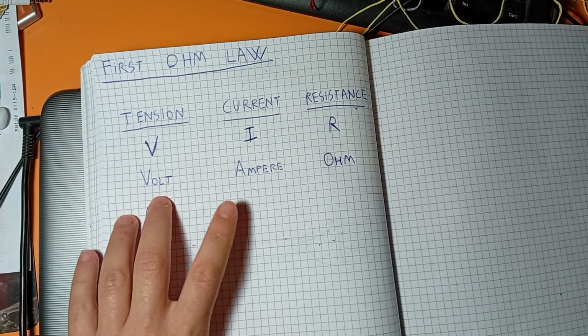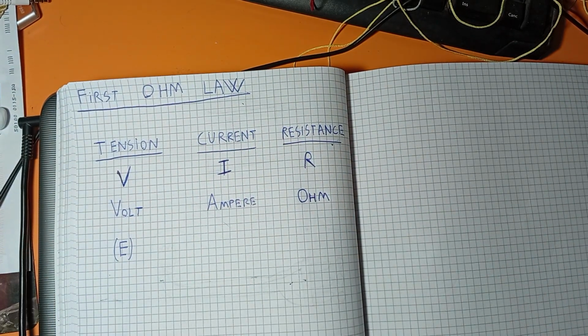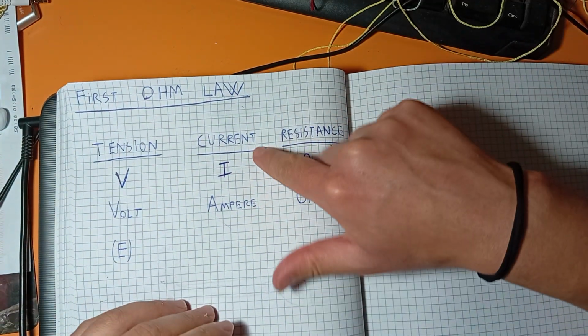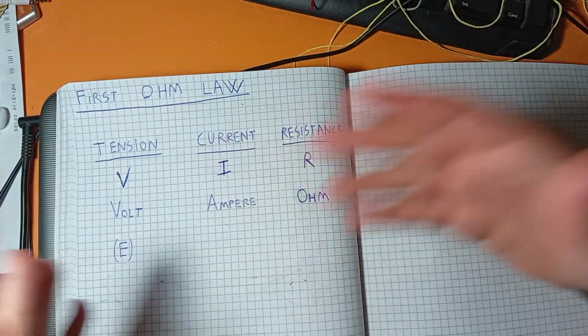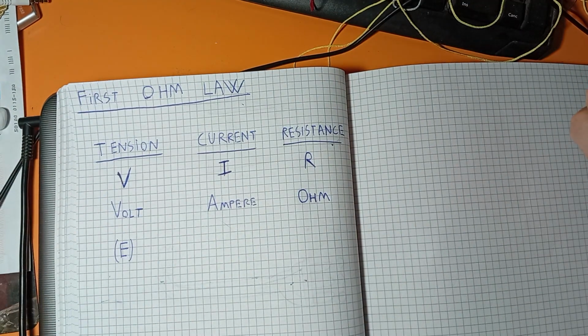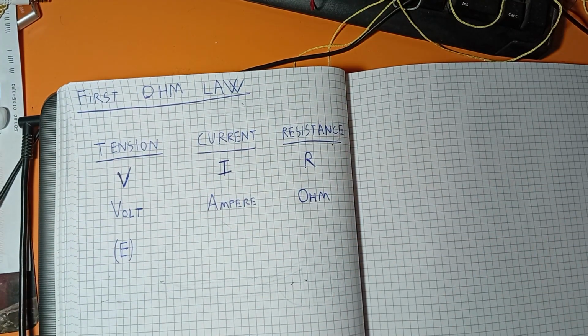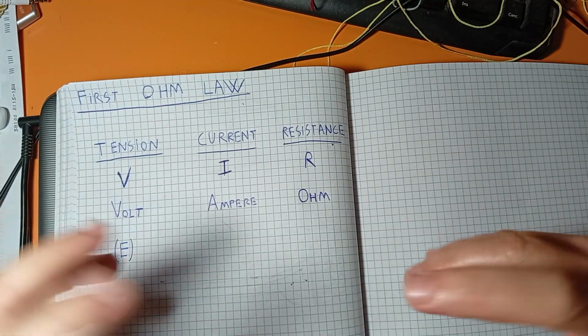And the resistance is everything that opposes, clearly, to this flow of electrons. Everything that makes this flow of electrons more difficult, everything that makes electrons flow into the circuits more slowly, more difficult.